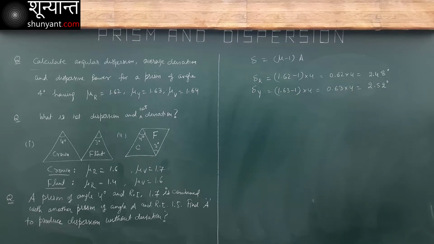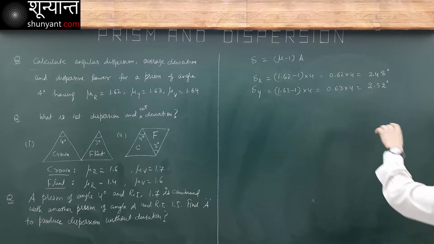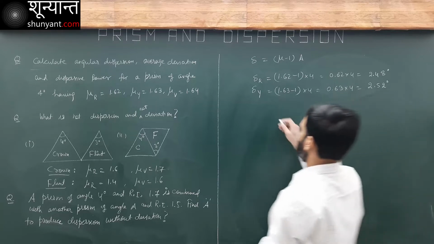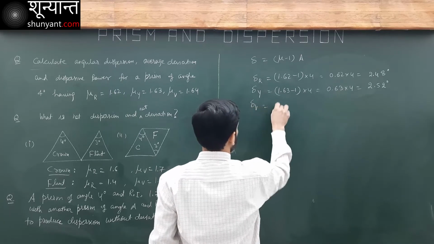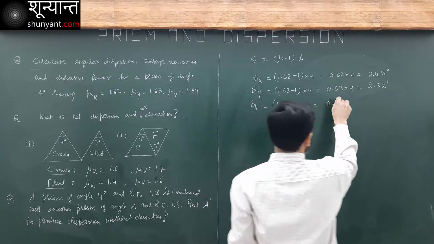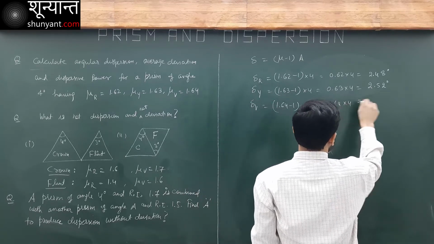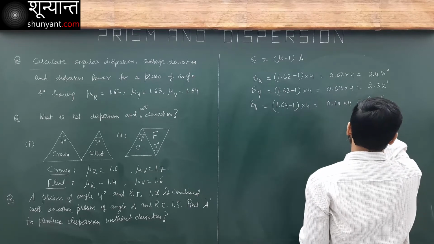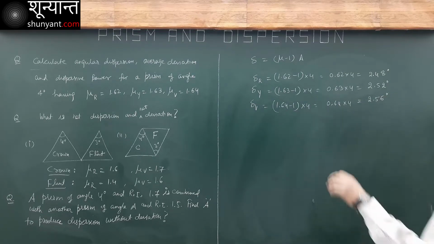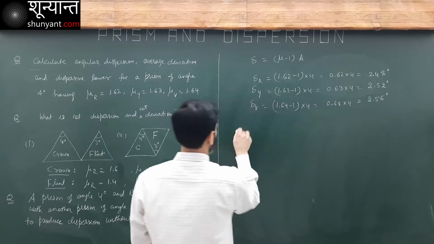Makes sense? Now deviation in violet color, 1.64 minus 1 times 4, 0.64 times 4, 2.56 degrees.